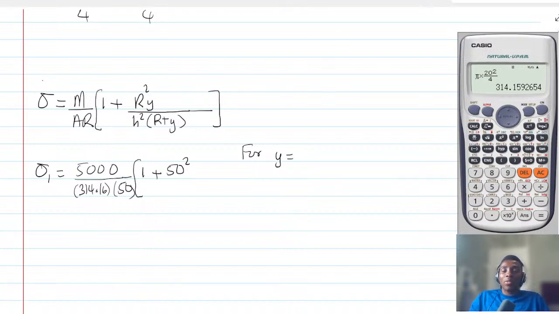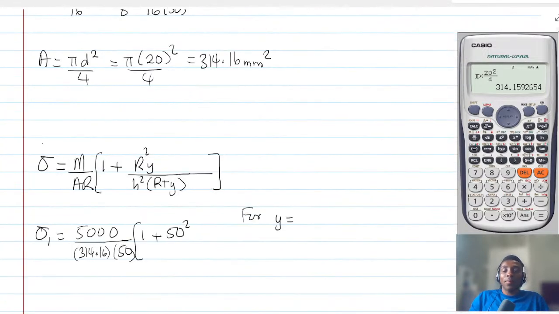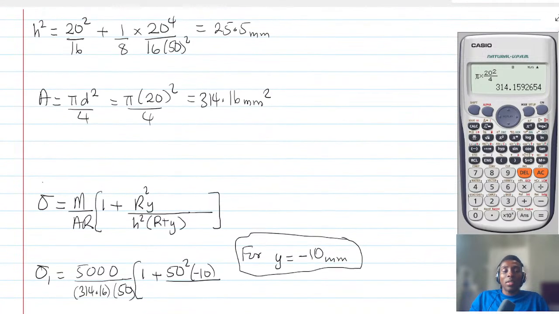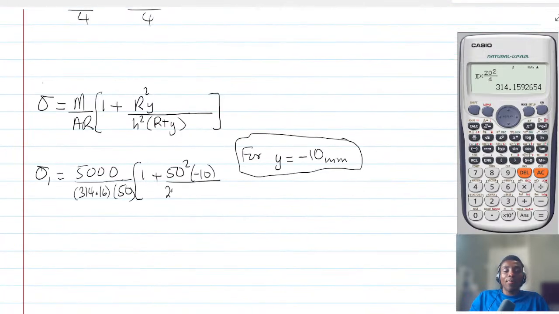That's the compressive stress, so minus 10, divided by h squared. The h squared we have calculated already, 25.5. So 50 minus 10.